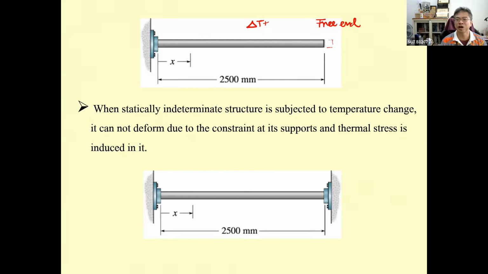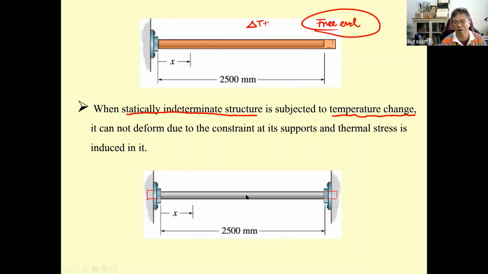So temperature changes are important for statically indeterminate structures. For statically determinate ones it is okay, the free end can freely move. But for this one, when the temperature changes, the supports on the left and on the right don't let the structure move, and that will cause force inside the member.